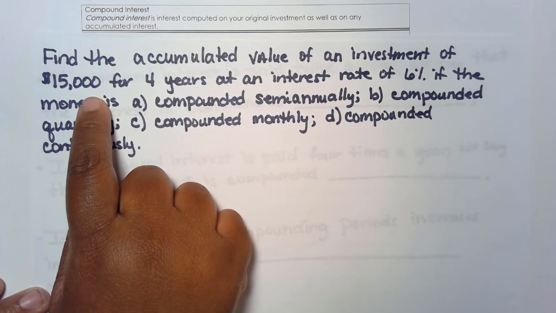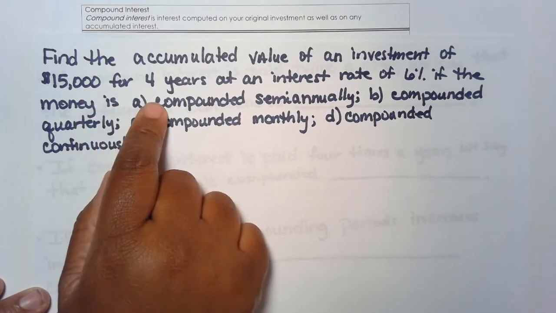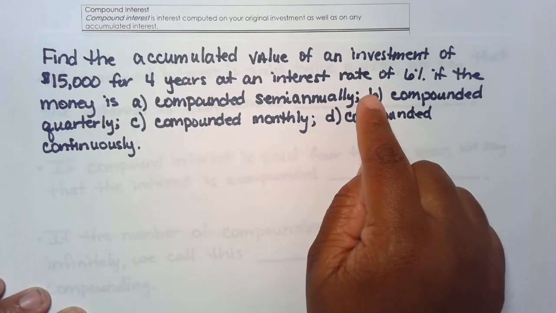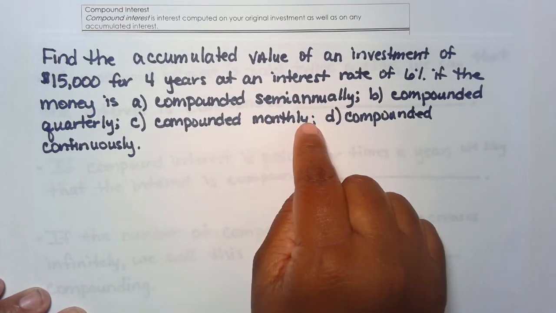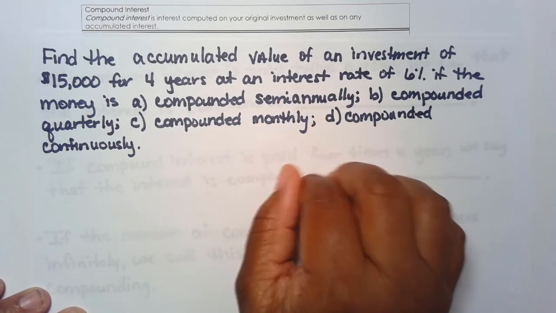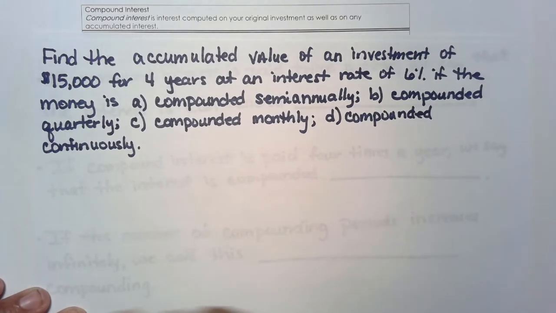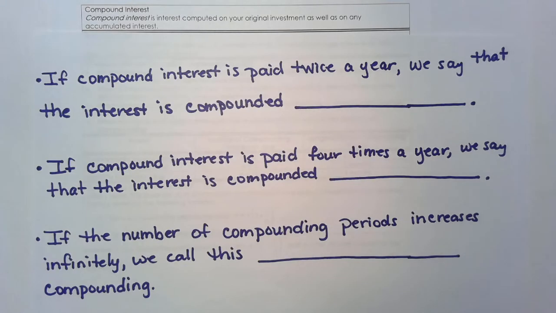Let's say you invested $15,000 for 4 years, and this would be your interest rate. What happens if you invested it twice a year, 4 times a year, or every month, or compounded continuously? Continuous means every month, or every pay period, but forever and ever.